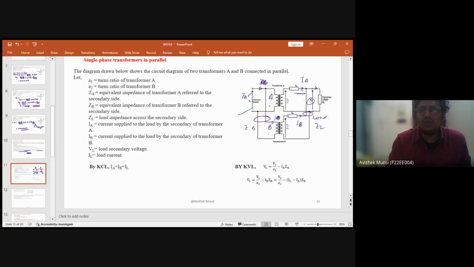The total load current is IL, so it will be IA plus IB, which is equal to IL. If we consider the primary side current, then we have to convert it by means of the turns ratio. If we consider the primary side current, it will be 1 by the turns ratio.